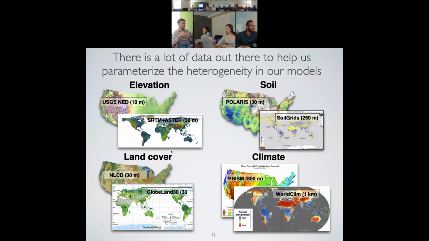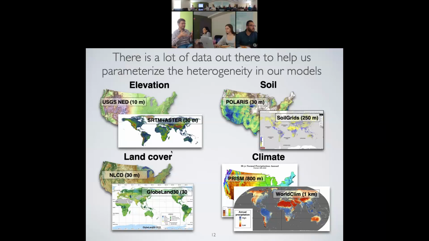Soil data is a little more uncertain, but we do have information that gives us a general idea of what the soil types are at a 100-meter to 1 kilometer spatial resolution over the globe nowadays. Land cover maps are all Landsat and Sentinel-2 derived map products, but they do give us some sense of what the land cover might look like over the globe.